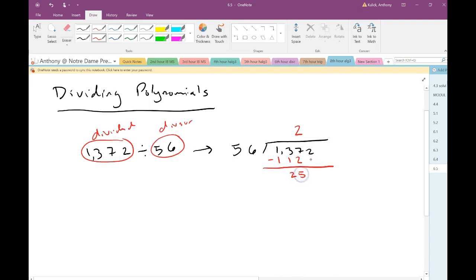That gives me 25, then I bring down the 2, and I ask myself now, how many times does 56 go into 252? Well, that's 4 times. 4 times 56 is 224, and then I subtract down.